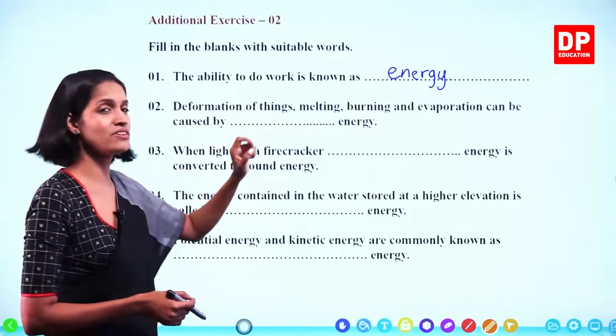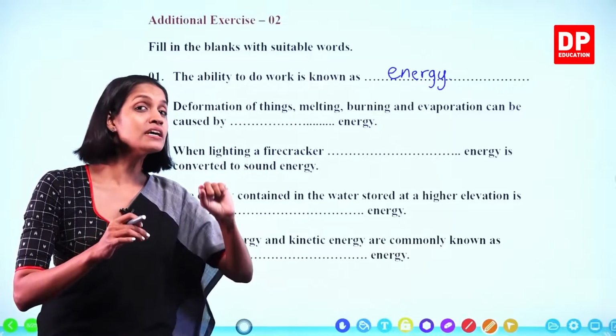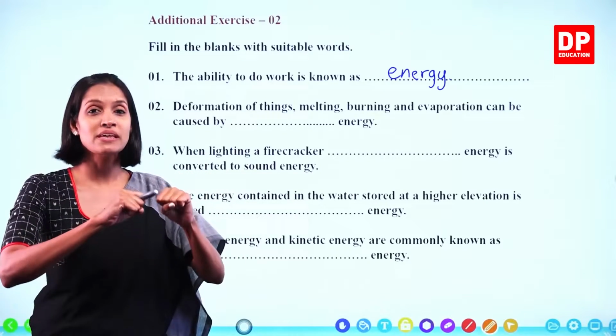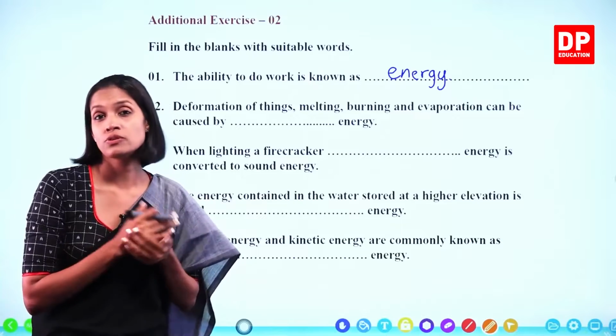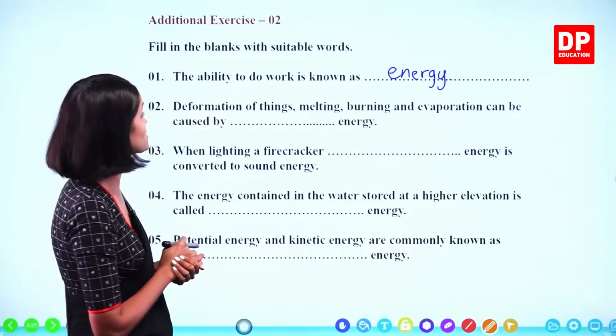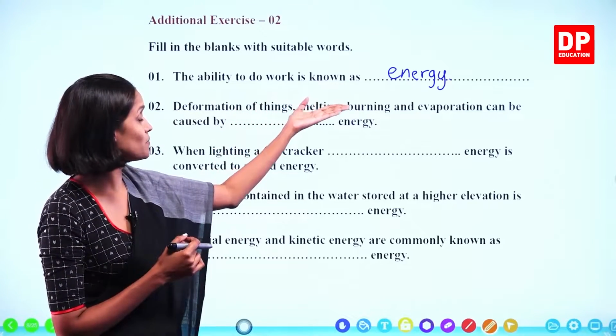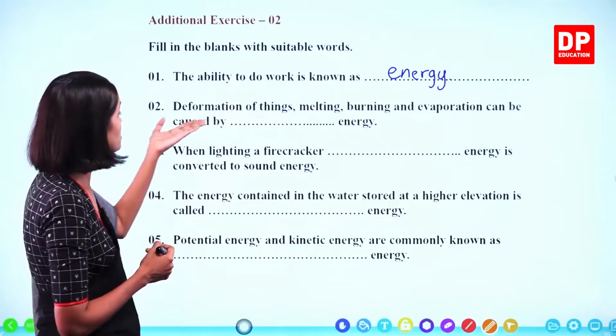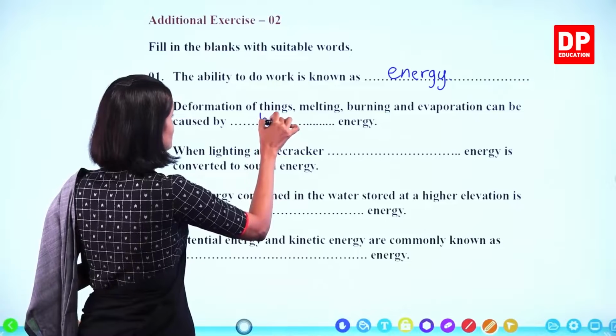Do you remember when we heated the PVC pipe? You can bend it, because a certain part melts and its shape changes. Melting, burning, evaporation, everything can be done by heat energy. Therefore, the answer is heat energy.